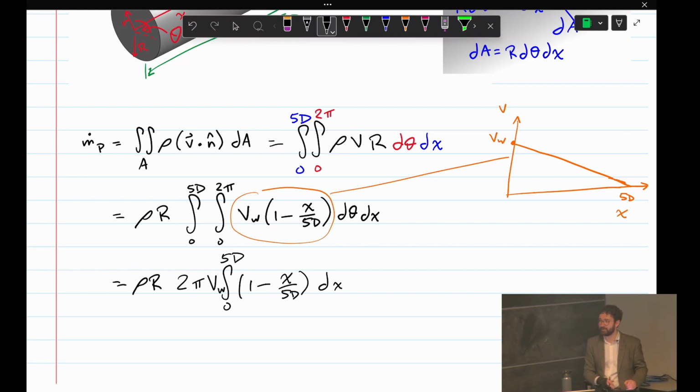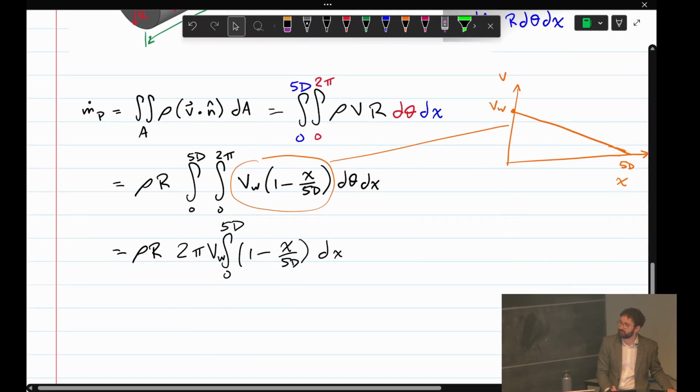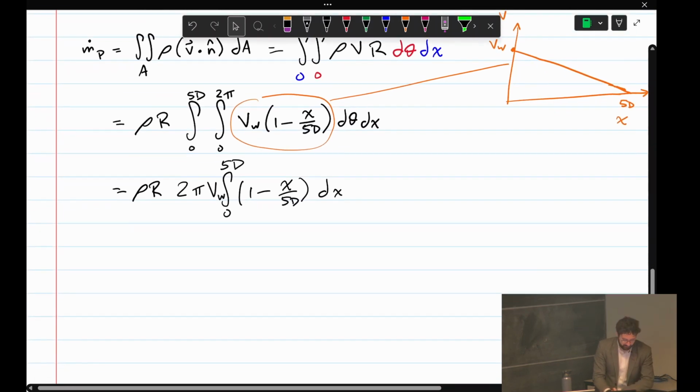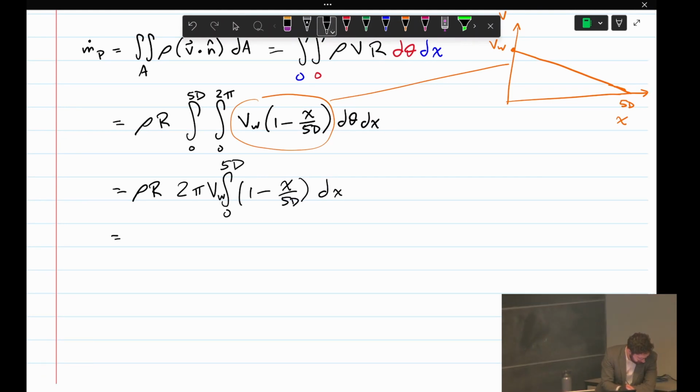Okay, any questions? Yeah, so this integral is pretty straightforward. It's 2 pi r rho VW times x minus x squared over 10d, between 0 and 5d.